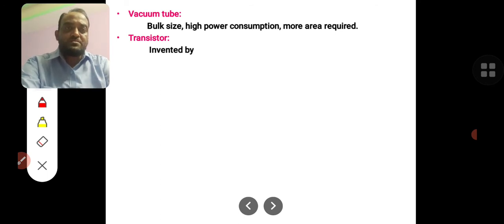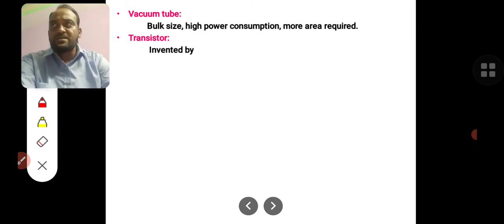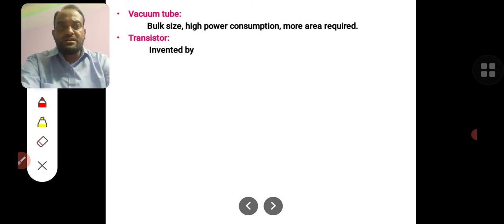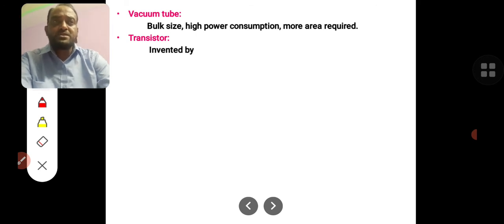So these are the problems with the vacuum tube era of electronics. All the devices which were using vacuum tubes as diode, triode, tetrode, pentode were suffering with issues like bulk size, high power consumption, and more area.